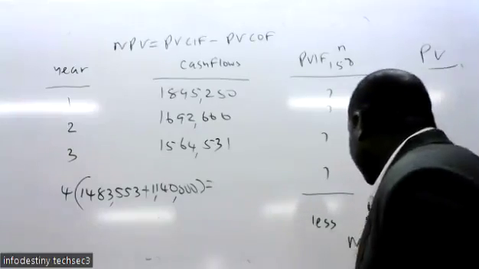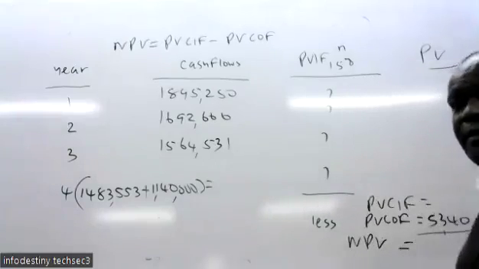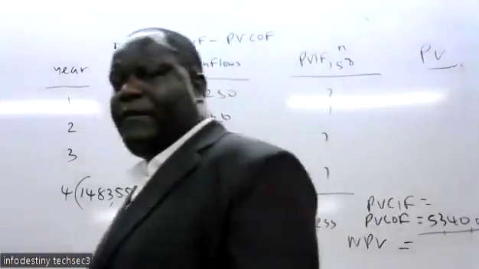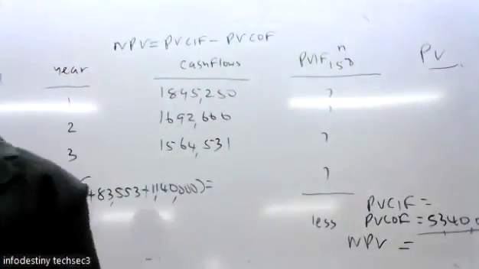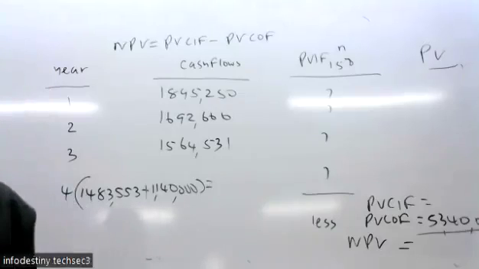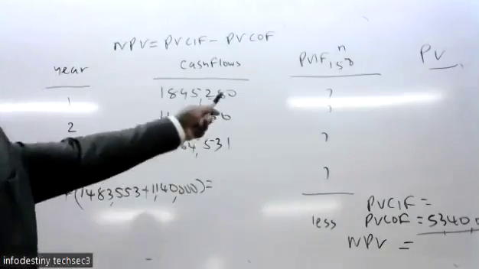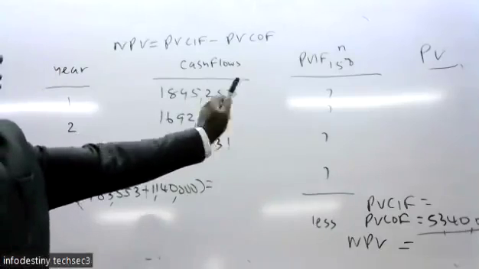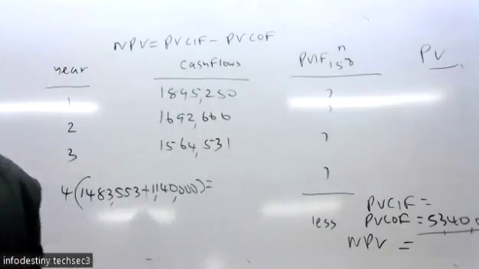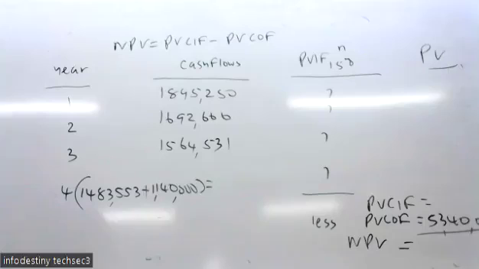When you subtract, you will get the NPV. If it is positive, you advise them to accept the project. If it is negative, you advise them to reject. But you will check 15%, year 1, year 2, year 3, and year 4 in the table. So we stop there.